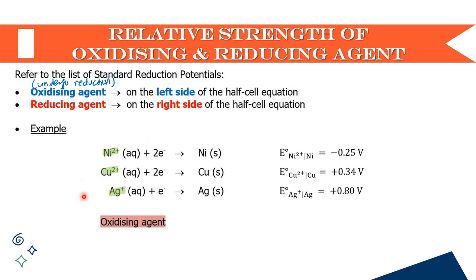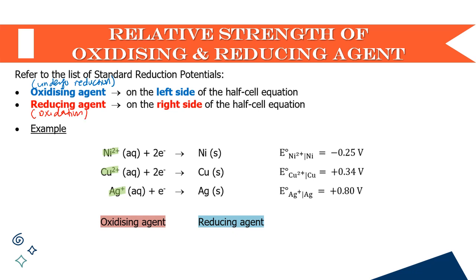You must know precisely which one is the oxidizing agent and which one is the reducing agent. If you take directly from the SRP table, the oxidizing agent will be on the left hand side, and on the right hand side is the reducing agent. So the reducing agent, what reaction will it undergo? It will undergo oxidation.